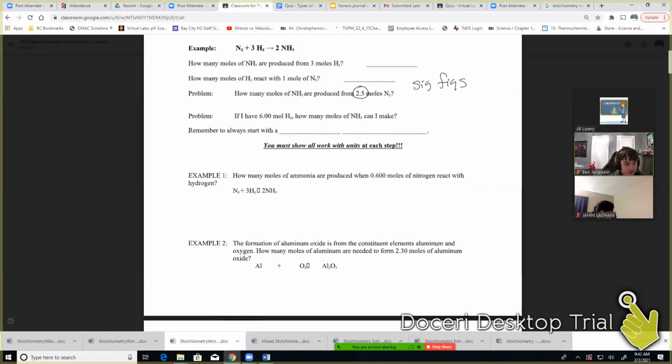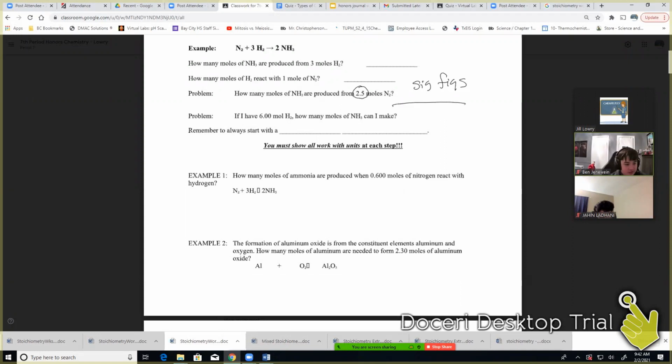So on this particular one, we're using the dimensional analysis, which is when you set up your boxes. We've used it quite a while ago, last semester. You always start with what you're given, and I'm given that I have 2.5 moles of nitrogen.